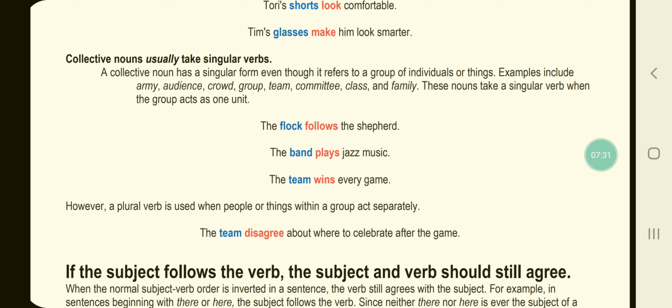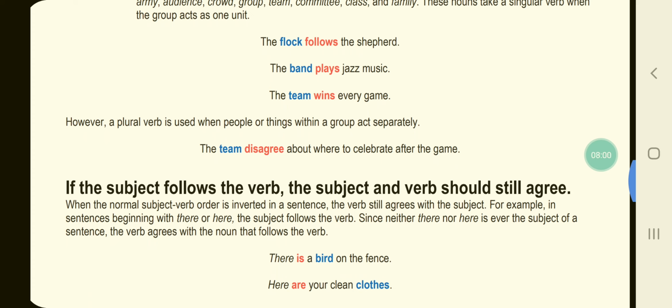These nouns take a singular verb when the group acts as one unit. For example, the flock follows the shepherd. The band plays jazz. So children, the band or the flock or the team has been taken up as one unit. Therefore, we have used the verb in its singular form.